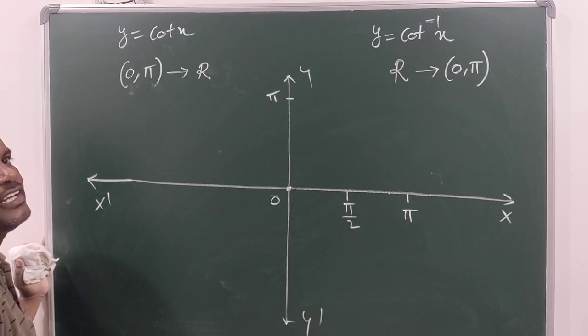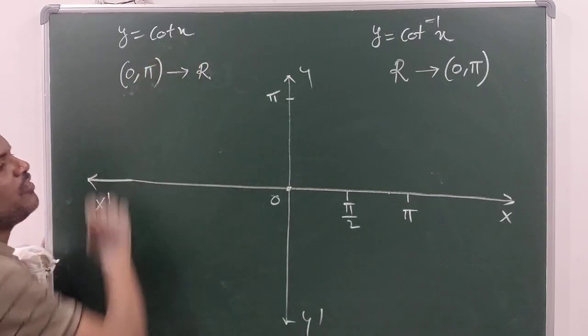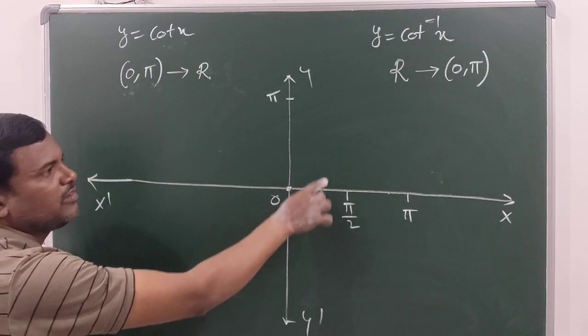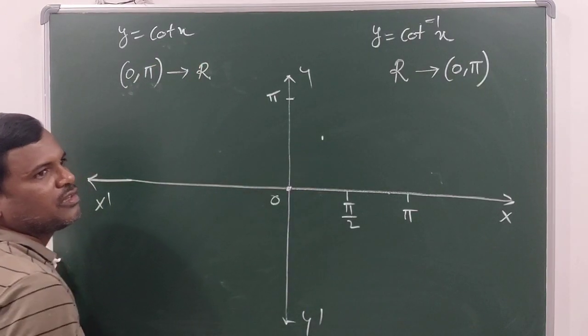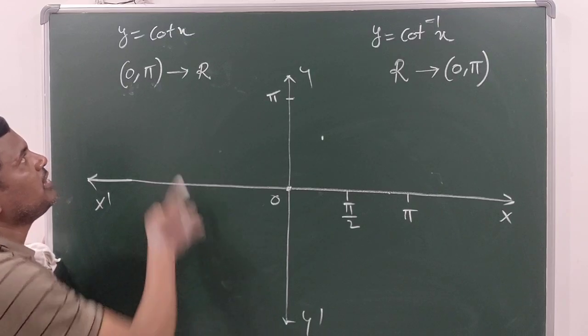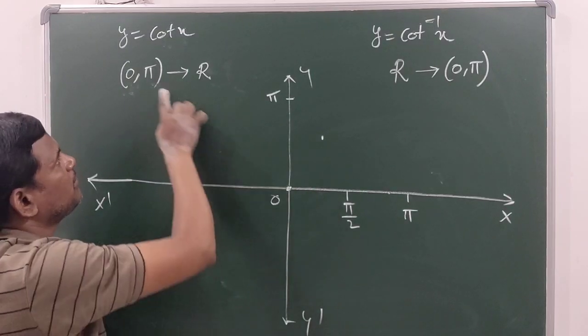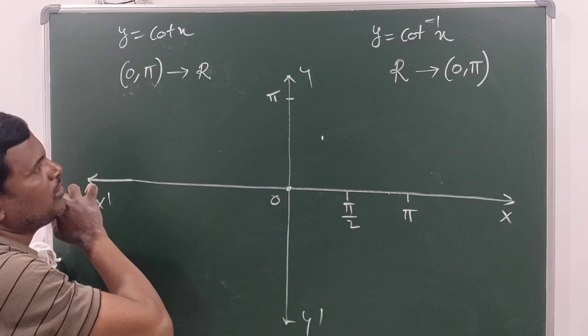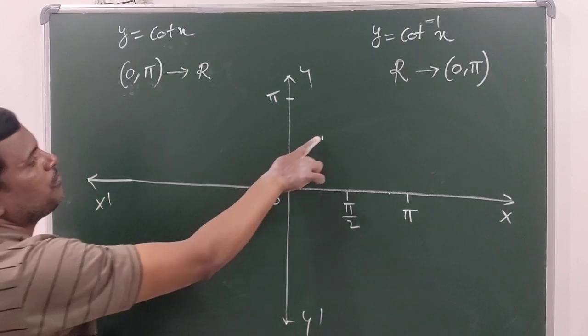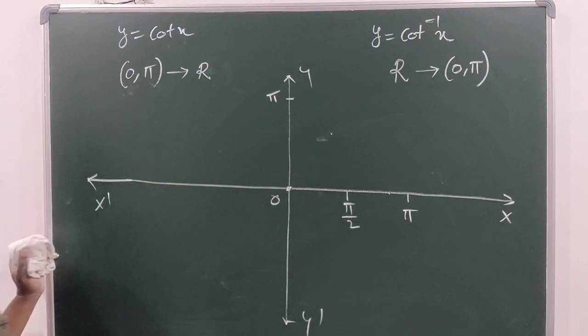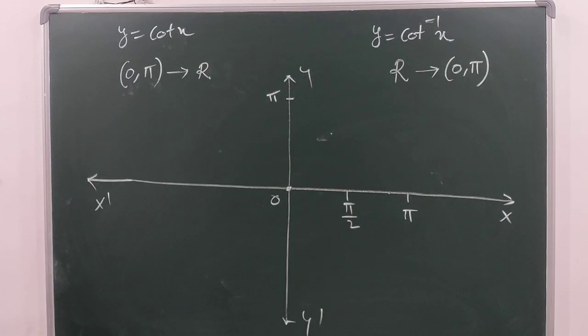When you write 45 degrees, cot 45 is 1, so you get 1 here, and the graph goes like this. For 135, cot is minus 1.